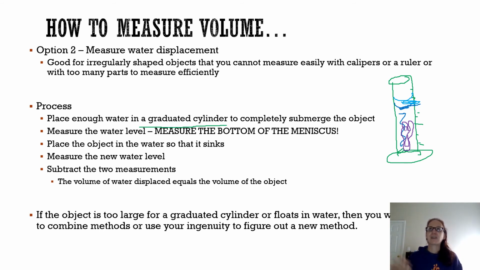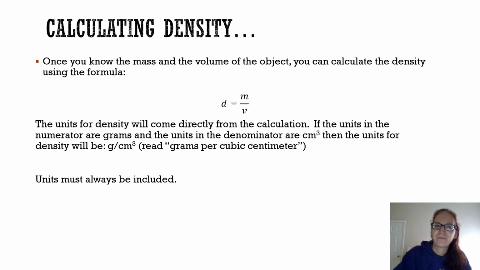Last year we actually tackled this in IED, and students suggested you could take a wooden rod to push the object down, but then you would have to find the volume of the rod that was submerged and subtract that, or use your ingenuity to figure out a new method. So what if it was too big to submerge in a graduated cylinder? How could you do it? That's why we're engineers.